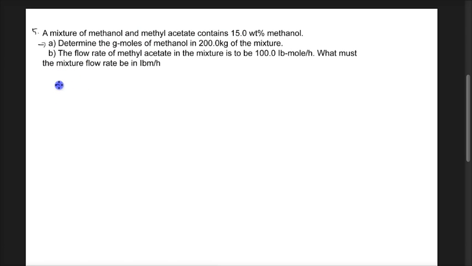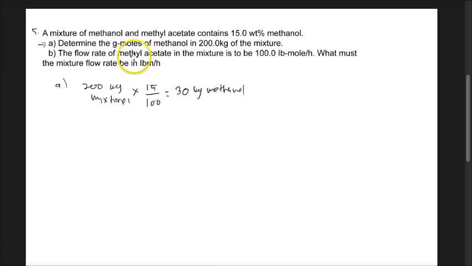Since we have 200 kilogram of mixture and only 15% of it is methanol, we can find how much methanol is in it by multiplying by 15 and dividing by 100. Basically you divide by 100% and get 15% out of it. So out of 200 kilograms, you only get 30 kilograms of methanol.